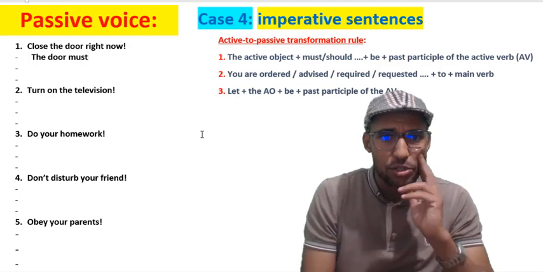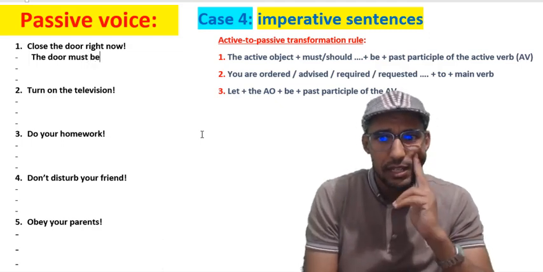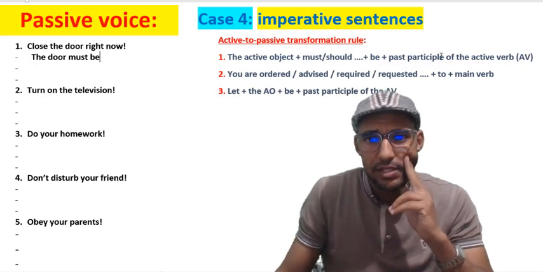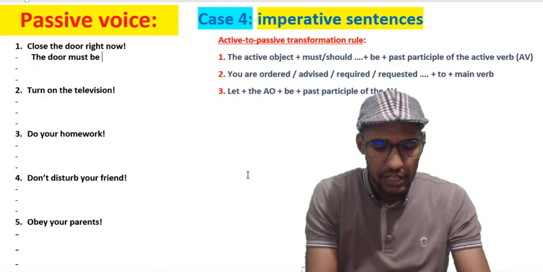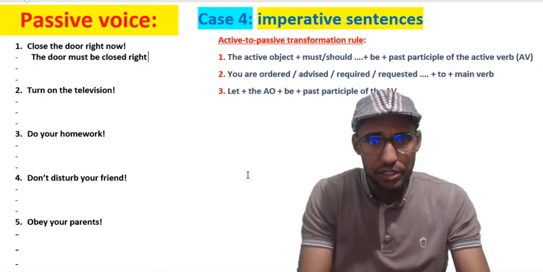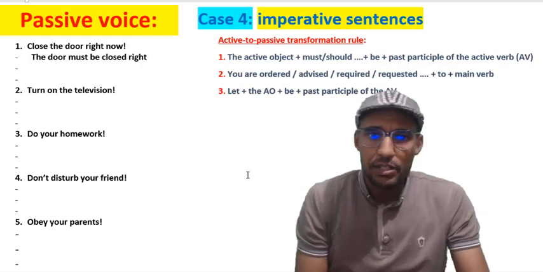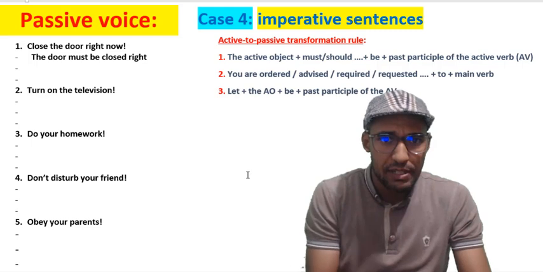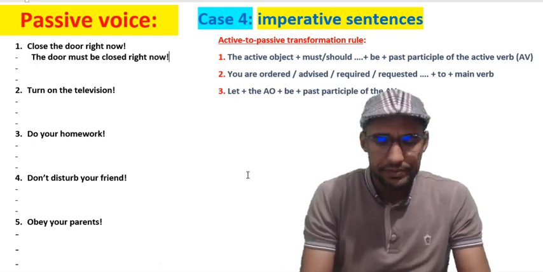Then it becomes the door must, then be, plus the past participle of the verb, which is close. So it becomes closed. The door must be closed, and then we continue with the remainder of the statement, the adverb of time, right now.